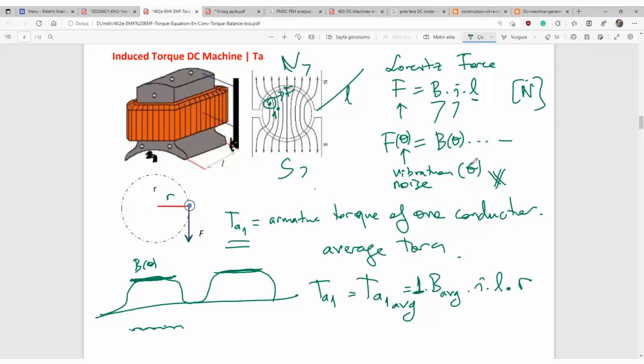TA1 is equal to force average times radius. Force average times radius results in average torque of only one conductor.